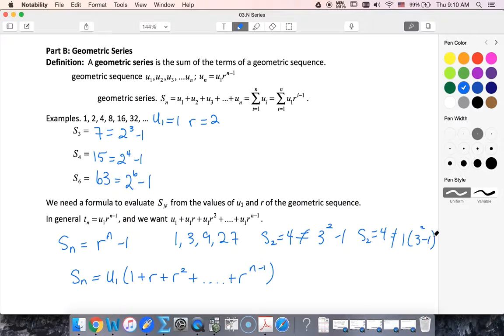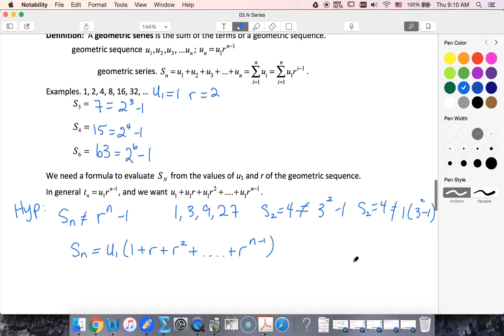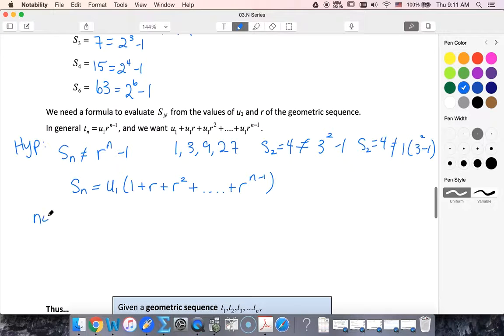So we need something similar, and what we have is that r to the n minus 1 factors. So this was our hypothesis, and it was wrong. But let's build off of it. Note that r to the n minus 1 factors into r minus 1 times 1.